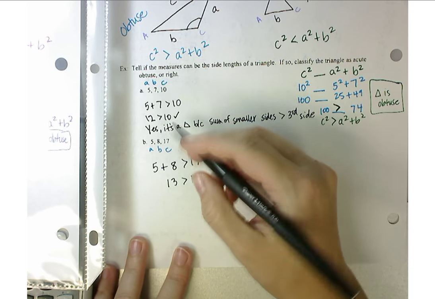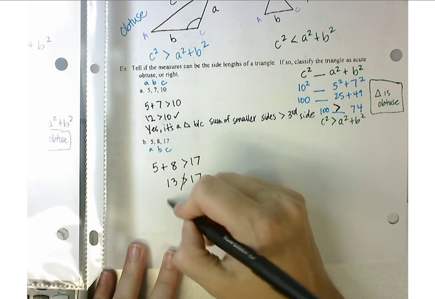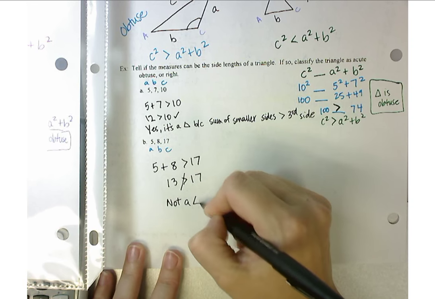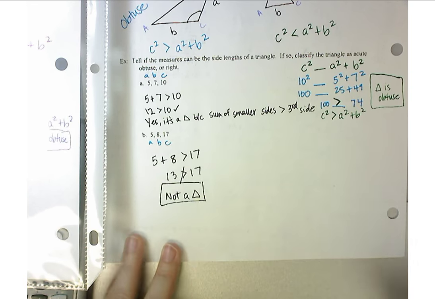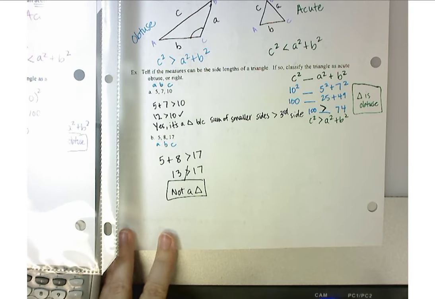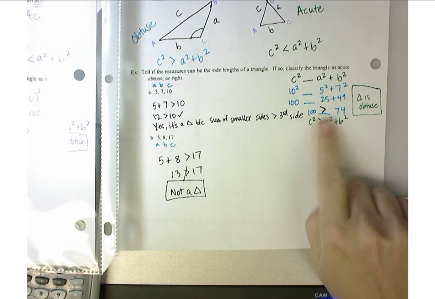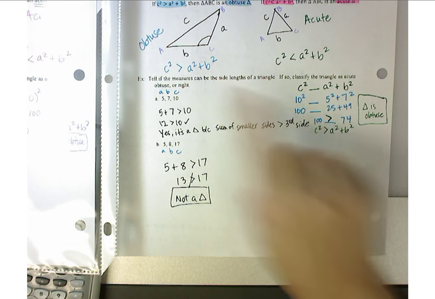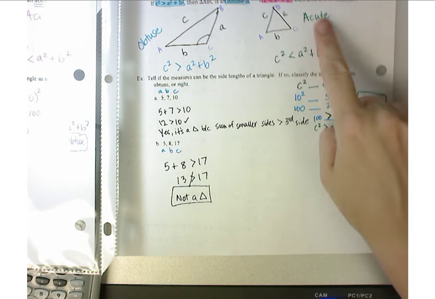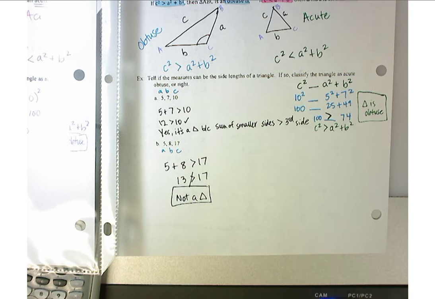Is 13 bigger than 17? No. So then this is not a triangle. If it's not a triangle, then you don't have to go any further. If it is a triangle, then you have to figure out if it's greater than, which is obtuse, less than, which is acute, or equal to, which is what kind of triangle?